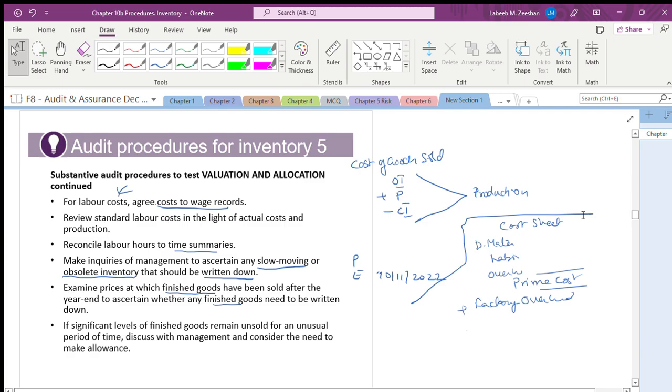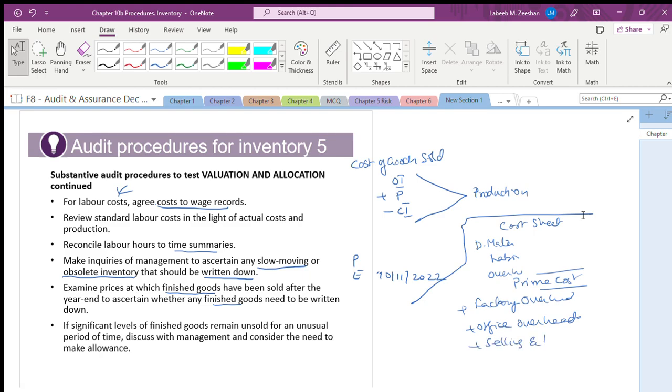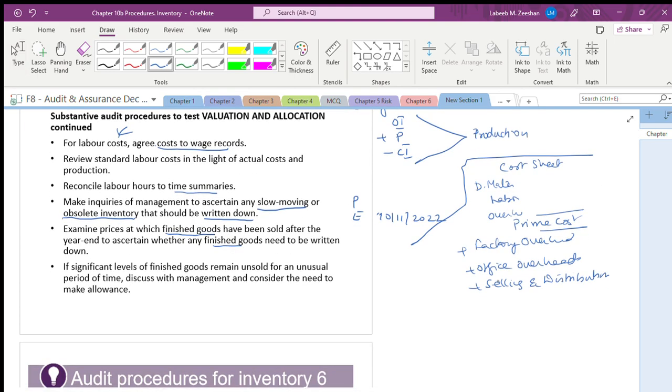Then office overheads. Then selling and distribution overheads. After that you will add a percentage of profit, and ultimately you will get the selling price.